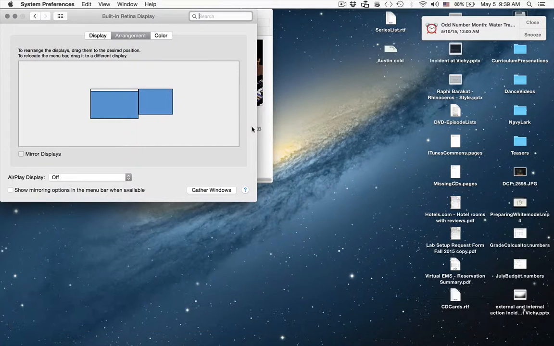Let me start my computer again. Title block. I've never had this happen. It's on the outside of it? Yeah, minimize. Title block.